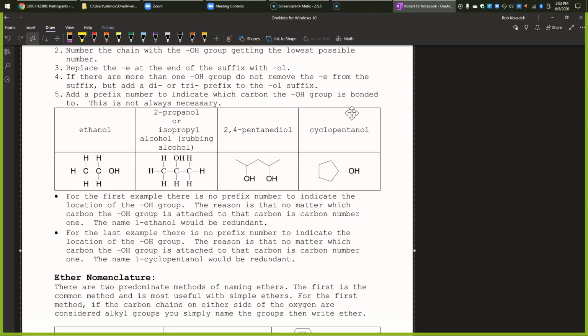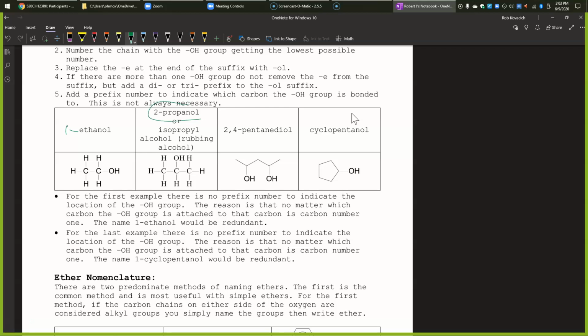And then I put the OL on there. So how come there isn't a 1 here? Because it's too obvious. I mean, it couldn't be anything else, right? If there's a single alcohol group and it's 2 carbons, where is it going to be? It's going to be on one of them. So whichever one it is, it's number 1. So I don't need it.